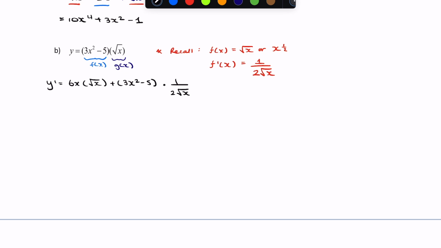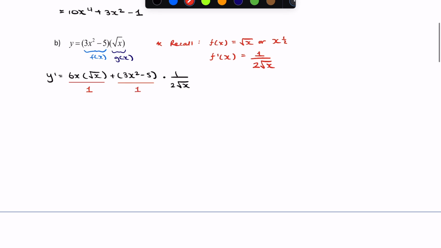So multiplying it by 1 over 2 square root x. Okay, so remember here, we all have a denominator of 1. That's not written there. So they're all over denominator of 1.